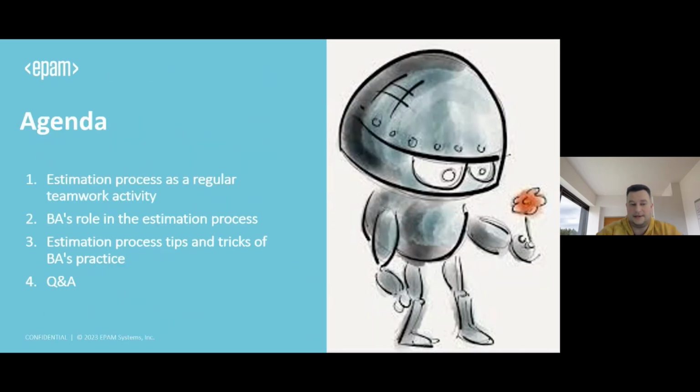That is why we identified the next agenda. The first part will be about the estimation process as a regular teamwork activity. In the second part, we're going to review the BA role in the estimation process, and speak a little more about this role and the tips and tricks of BA practice as well.